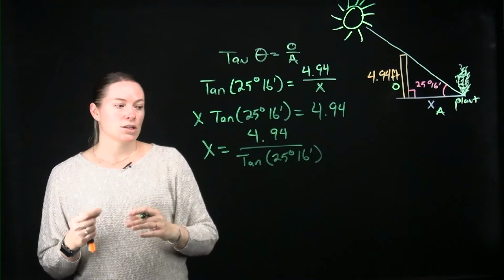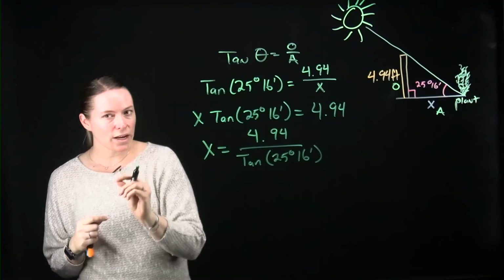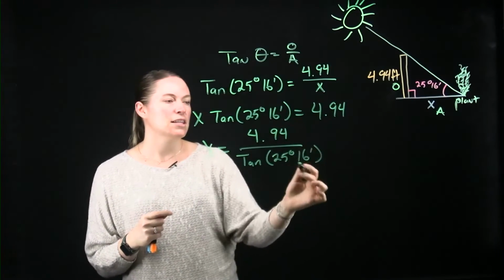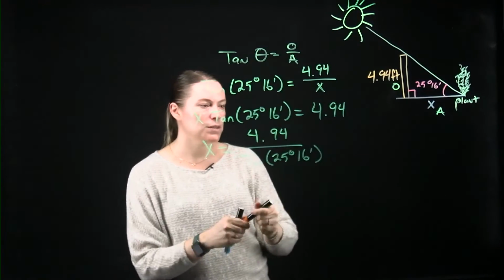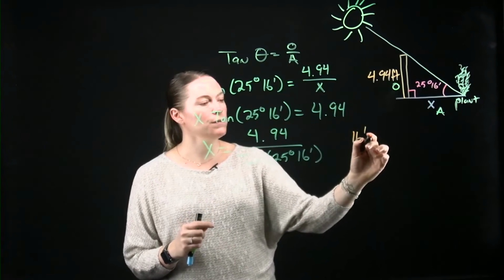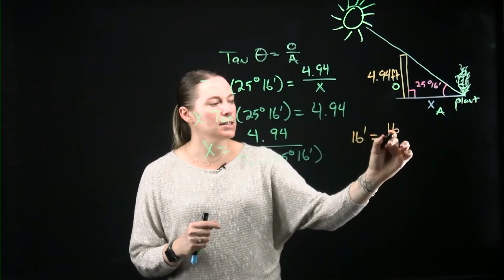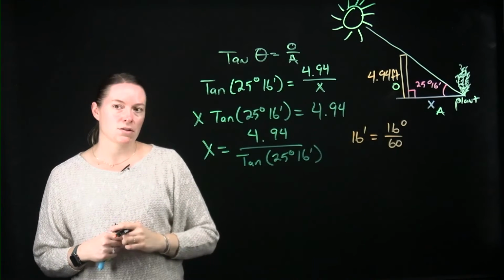Now I can go ahead and place this into my calculator, but there's one extra thing we need to think about, this 16 minutes. In the past, we've done this: we take our 16 minutes, and we know this is equivalent to 16/60, which will give us our degree measure.